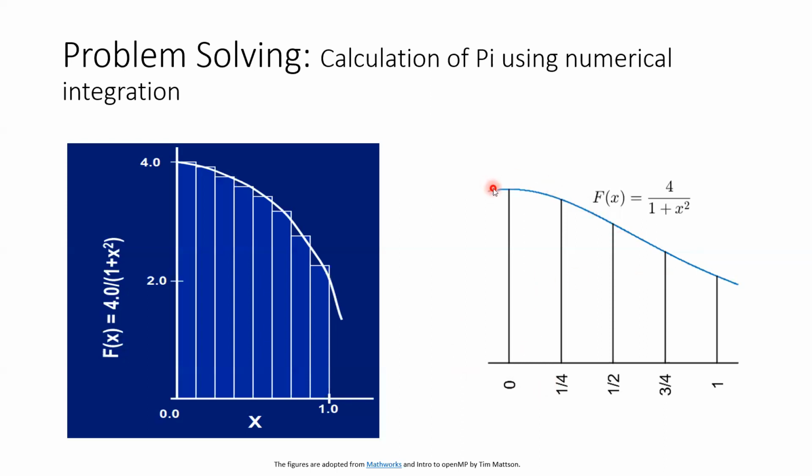Basically, it's a function f of x equal to 4 by 1 plus x square, and every point on this curve is defined by this function. If you take the sum of all these values as an integration, you get the value of pi. To calculate this analog function in a discrete format, you divide the curve into multiple small deltas, from 0 to 1, with different strides.